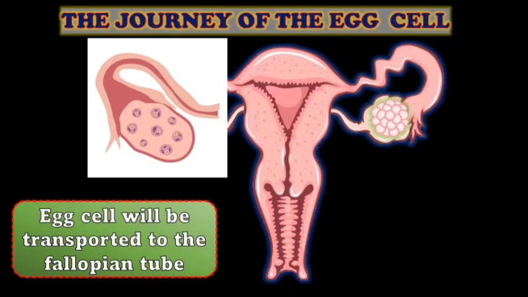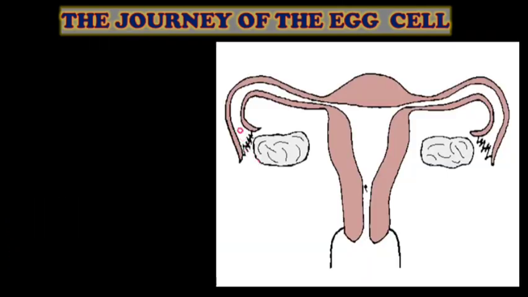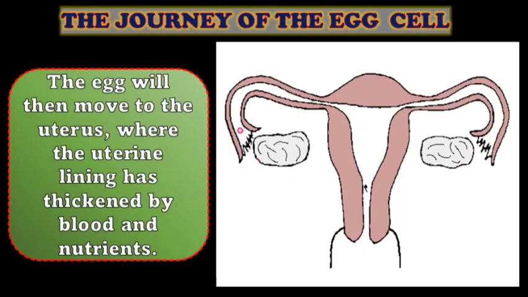And then the egg cell will be transported to the fallopian tube. This is also where the fertilization occurs, in which the sperm cell meets the egg cell. Then, the egg will move to the uterus where the uterine lining has thickened by blood and nutrients in response to the normal hormones of the reproductive cycle.